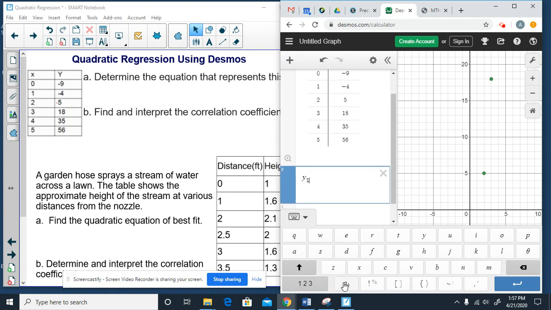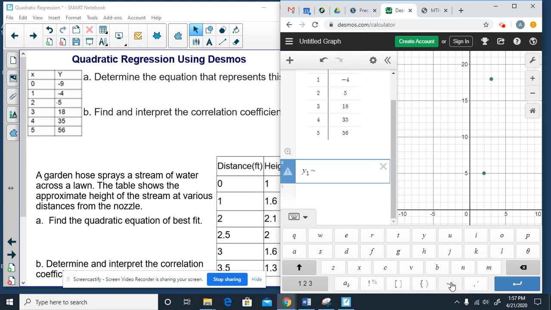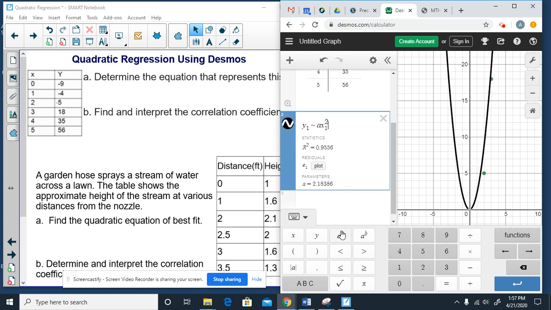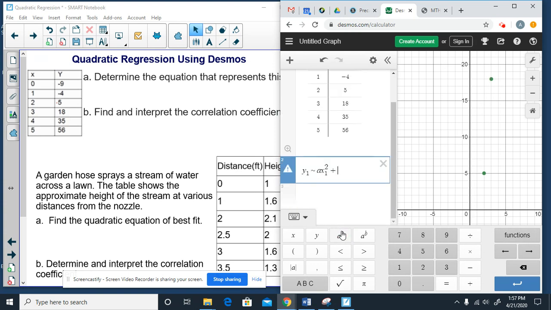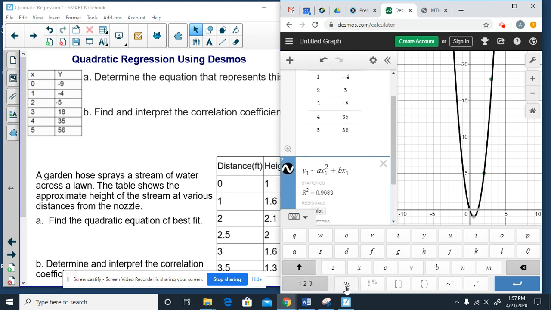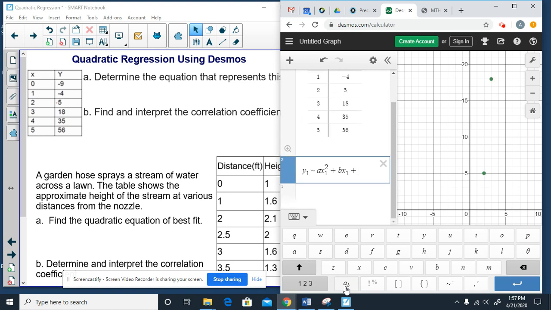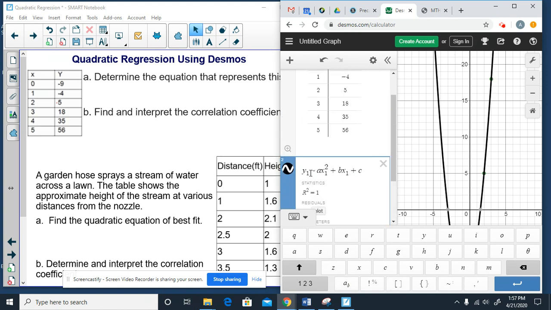Actually, I need a y sub 1 ~ a x sub 1 squared, except anytime we have an x or y, we're going to sub 1, and we're going to square that, plus b x sub 1, and again, whenever we have an x or y, we'll have to sub 1, plus c. So notice y equals ax squared plus bx plus c is the standard form of a quadratic. This is one of the 3 forms that we have in this section on quadratics and our last section on quadratics.